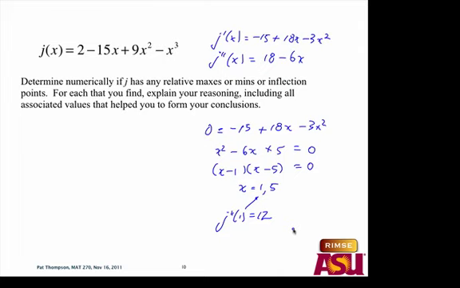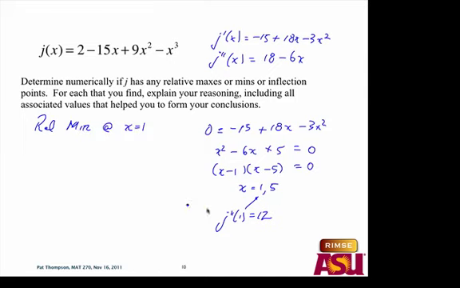So we've got a pause in the accumulation, and the rate is increasing. How is that possible? It's like this, right? Rate's increasing, and we get a pause at the bottom. So, relative min at x equals 1. Same thing when you plug 5 in.